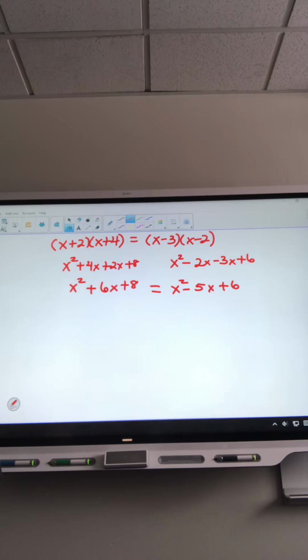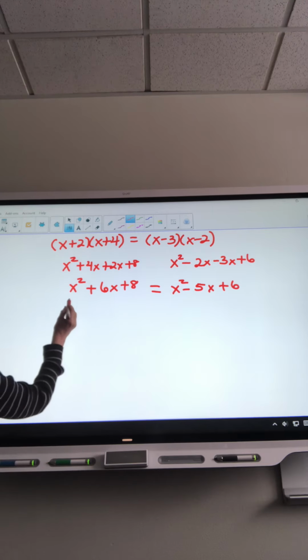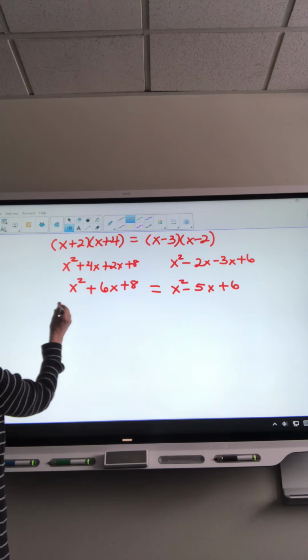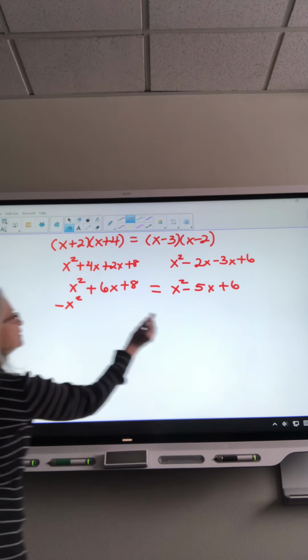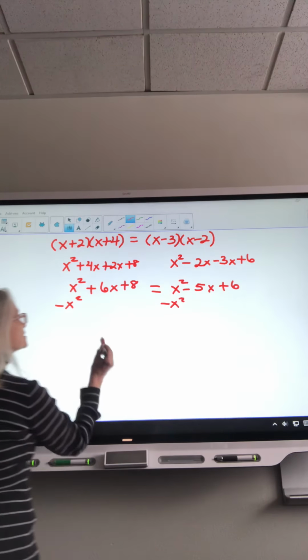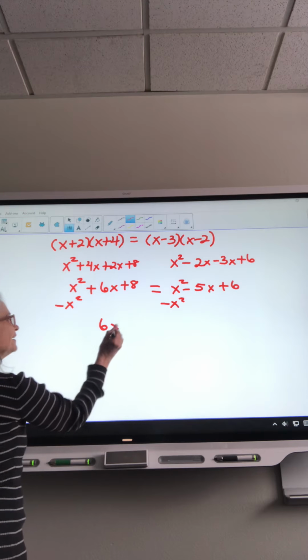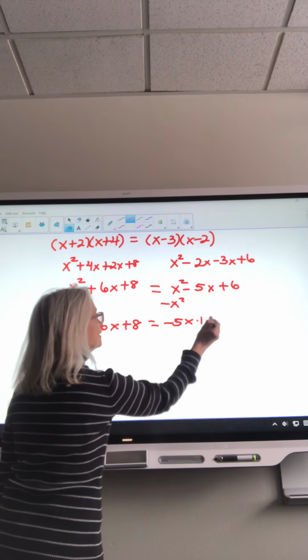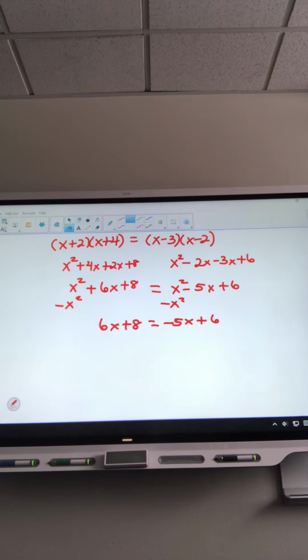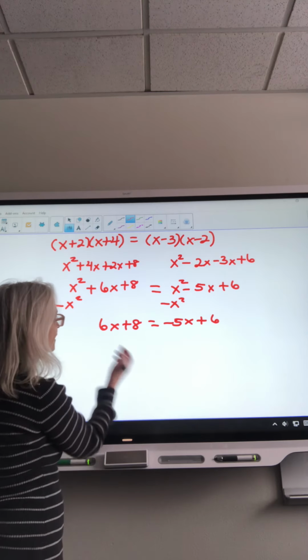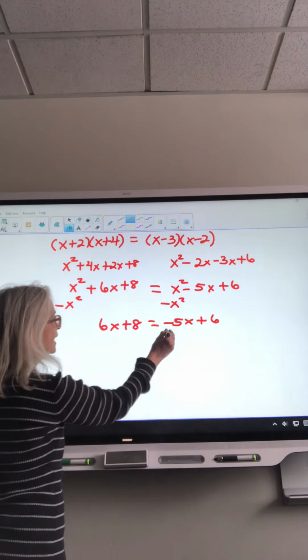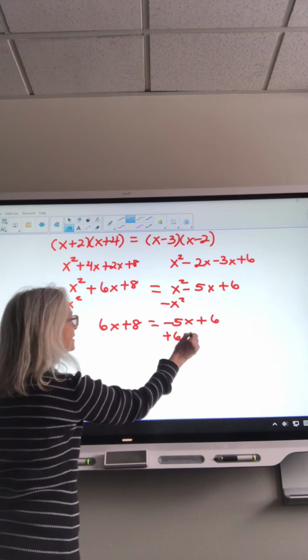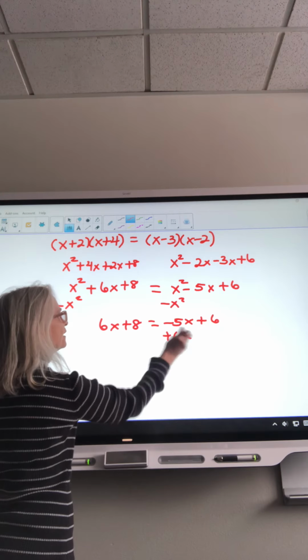Okay, so I am going to start by getting rid of these x squareds. So an x squared minus an x squared gets rid of those. So now we have 6x plus 8 is equal to a negative 5x plus 6. So it doesn't matter where I start. I think I will start by adding the 6x. No, let's not do that.